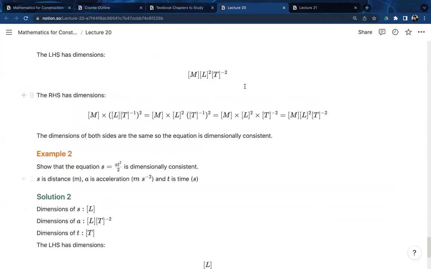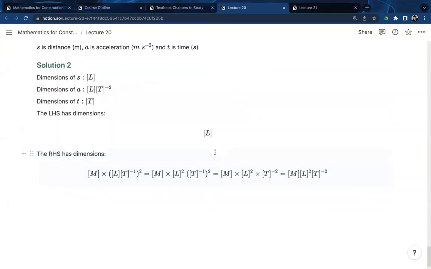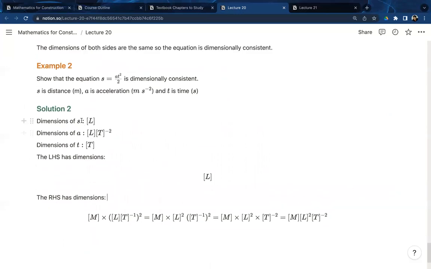Over to the right-hand side now. Right-hand side has dimensions. We substitute for these variables here, S, A, and T, into the right-hand side of the formula. So look at the formula, we're looking at the right-hand side of the formula, and we substitute in the dimensions for the variables, right?